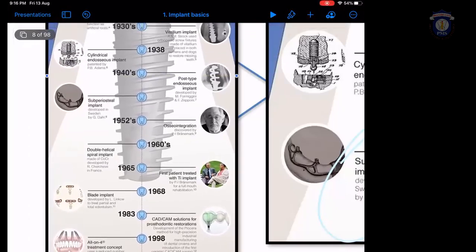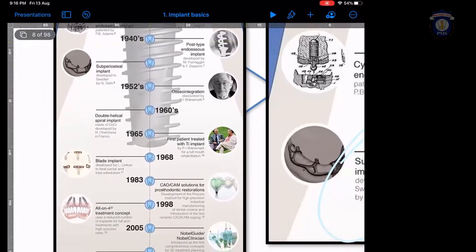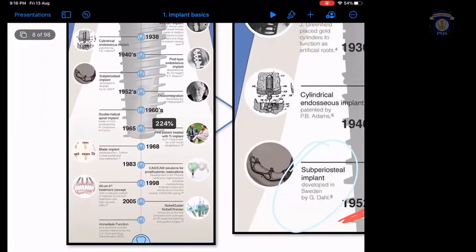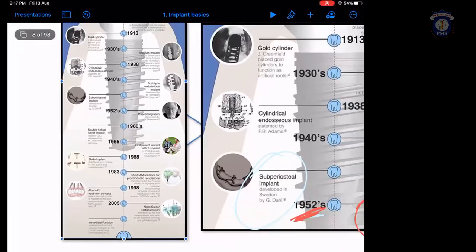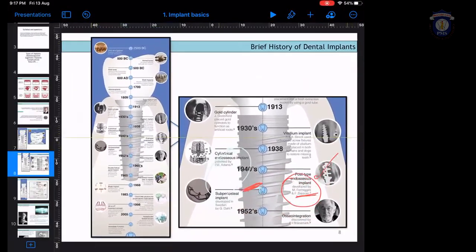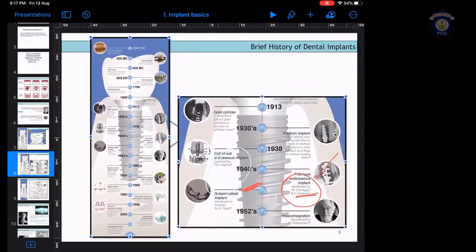During the 1990s, titanium implants were used. Then the all-on-4 concept, another breakthrough, was found in 1998. So the history of implants has a long span of history. Okay.